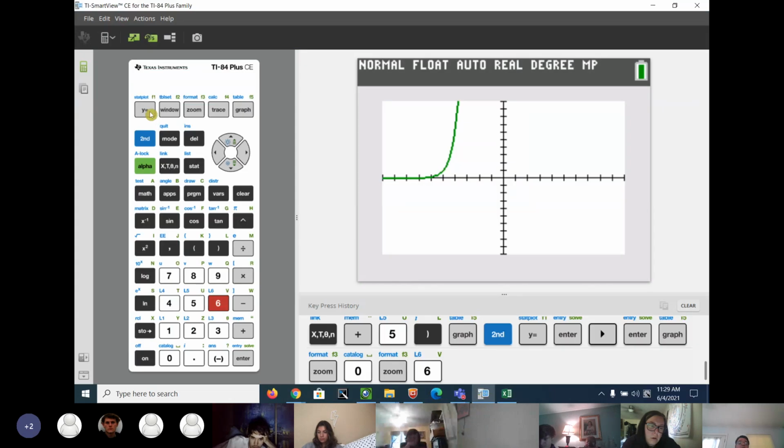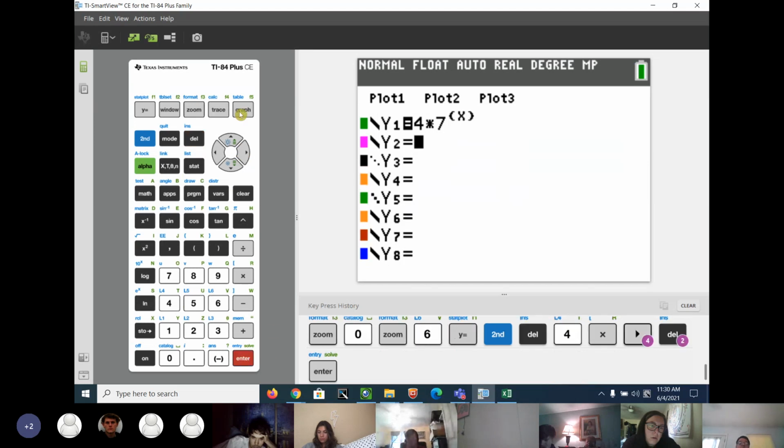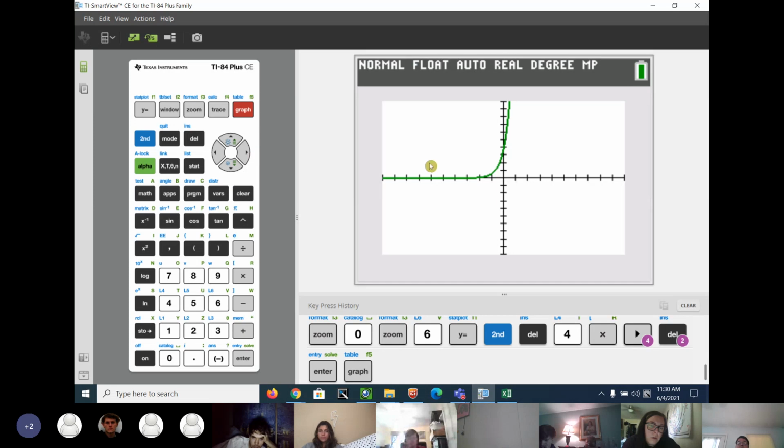4 times 7 to the x. I'm just going to hit insert, then graph. Yep. And it looks like it's crossing between 3 and 4.